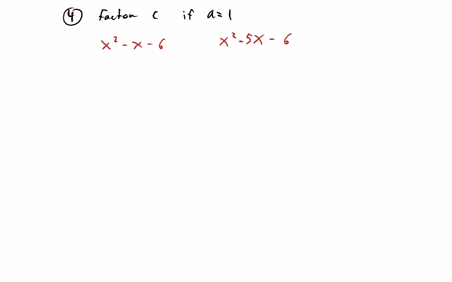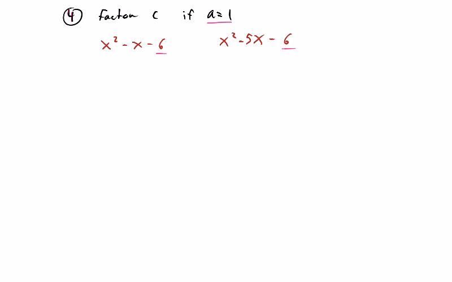Now note right away, if a equals 1, you won't be able to factor anything out, so that eliminates method 1. In both of these cases, the c value would be negative 6, and 6 is not a perfect square, so we can eliminate methods 2 and 3 immediately.